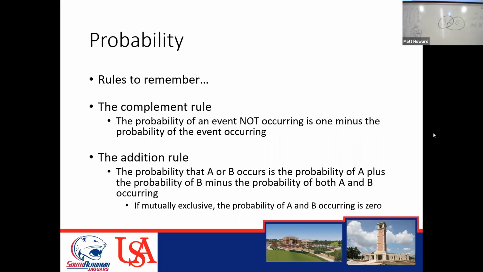Another important note about the addition rule is that if the events are mutually exclusive, the probability of A and B occurring is 0. That's what we drew before. If they're mutually exclusive, the Venn diagram looks like that. Let's give this example: we're looking at an employee we're thinking about hiring.